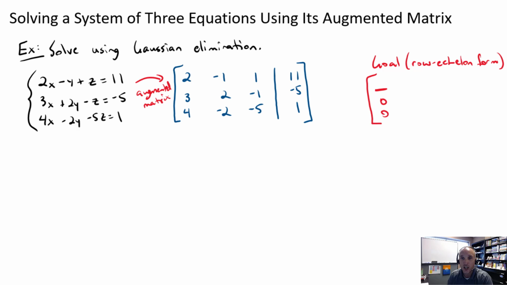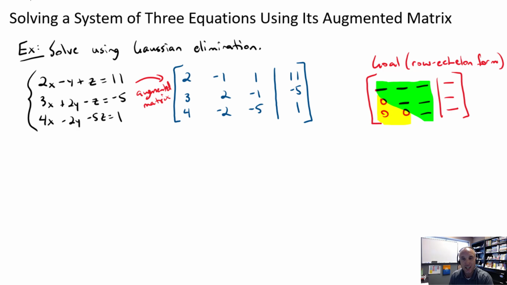Then our second column will be some number, and below that will be a 0. And then our third column will be all numbers, and our fourth column will be all numbers. The key to this is that we get this sort of triangle of zeros, okay? This is often called an upper triangular matrix because you get this triangle of numbers above with a triangle of zeros in the bottom left corner.